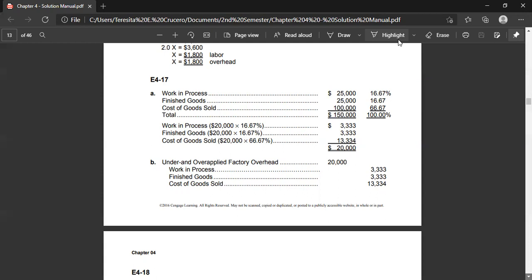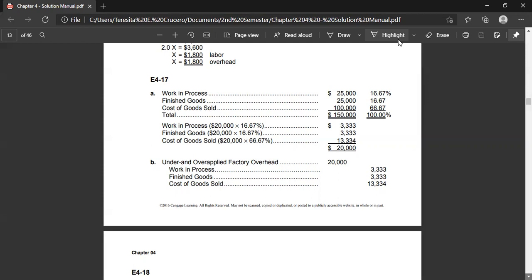So, in other words, to the extent that the variance is considered to be immaterial. However, if the variance is considered to be material, that's the time that you are going to allocate the variance to the three accounts.